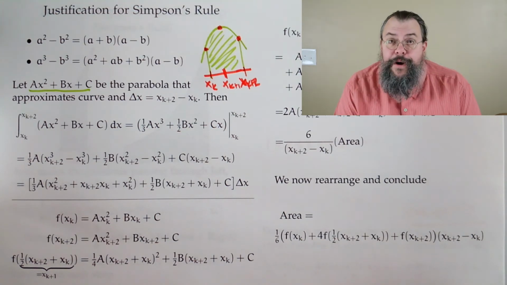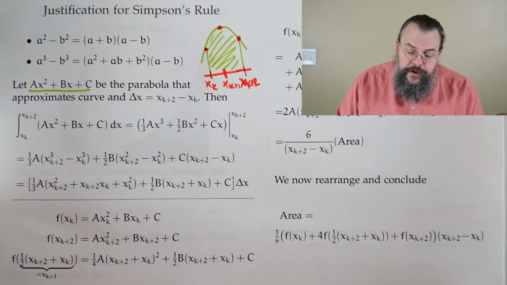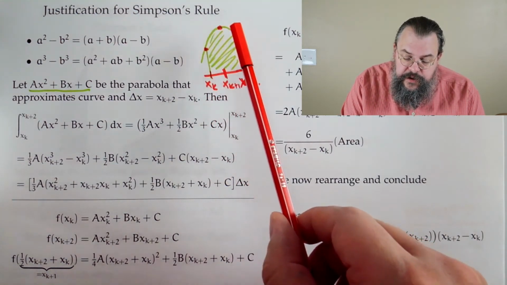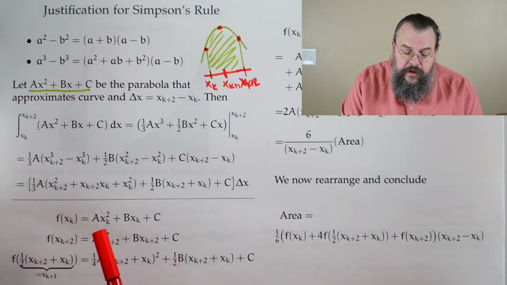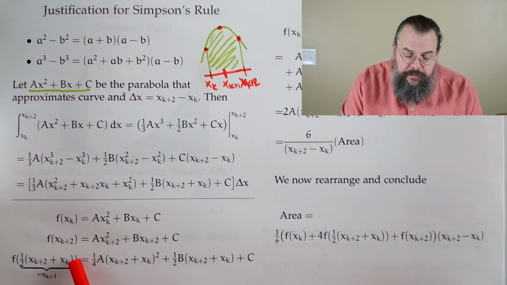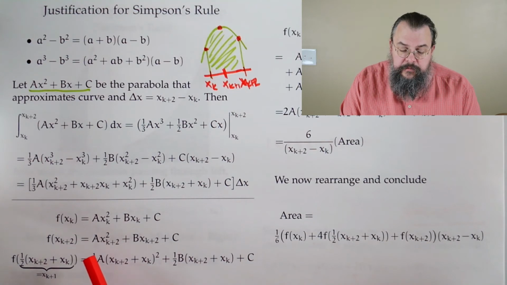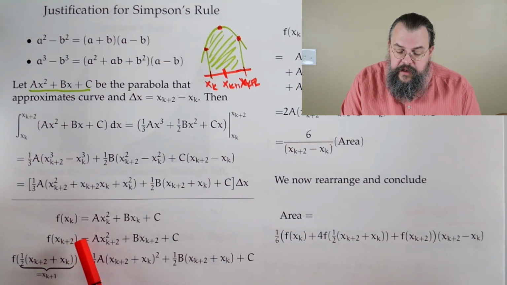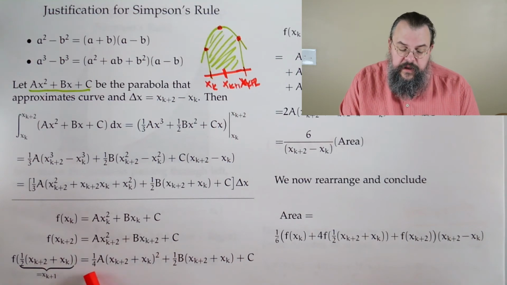Now, the fun part. Like we said, we know this parabola passes through those 3 points. So if I plug in xk, or xk plus 2, or the midpoint, which is halfway in between, that's our xk plus 1, then f of xk is what happens when you plug it into the parabola, and likewise with xk plus 2 and with the midpoint.